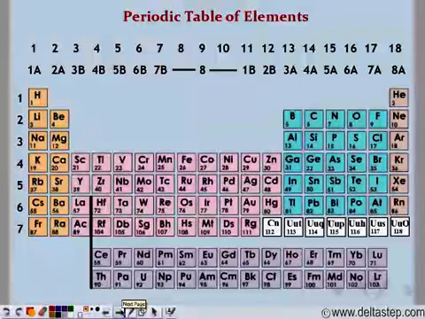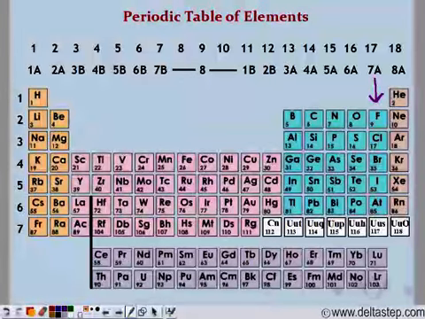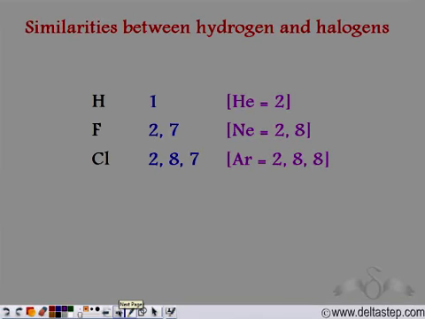But at the same time, hydrogen also shows properties similar to the group 7 elements, that is halogens. Let's see how hydrogen is similar to halogens. All the halogens are one electron short in the valence shell of that of the nearest noble gas.